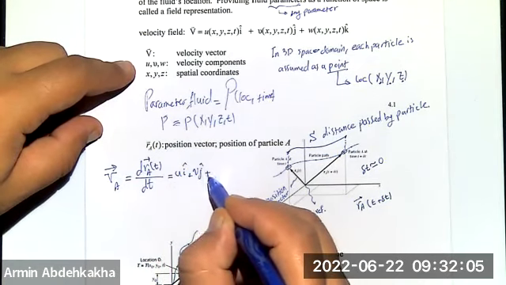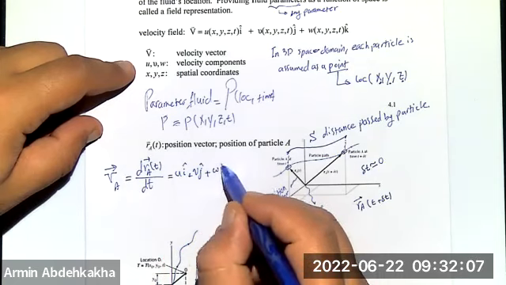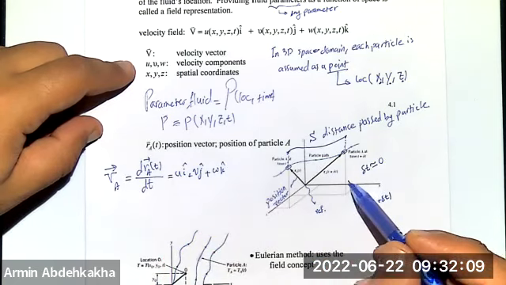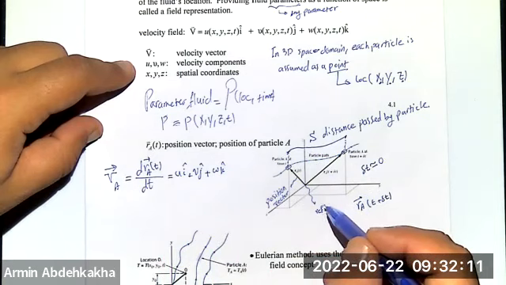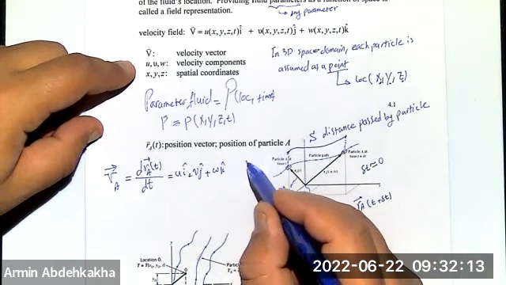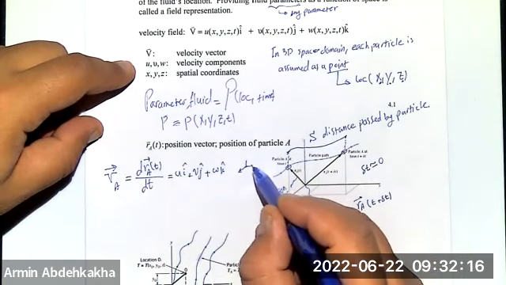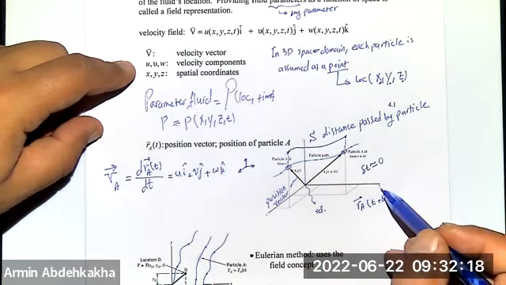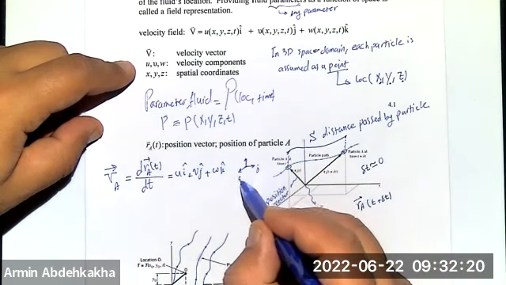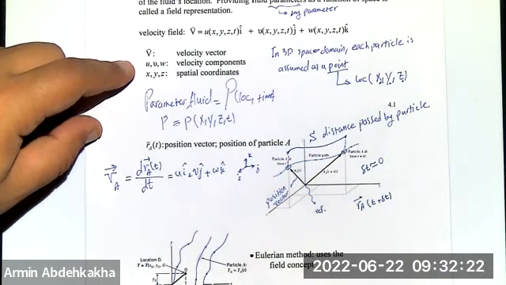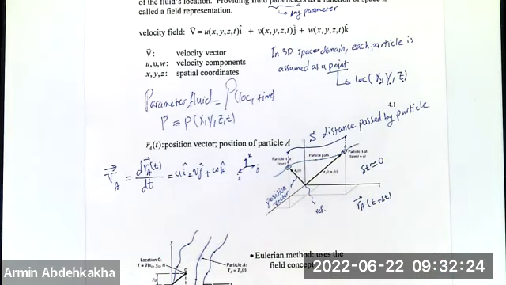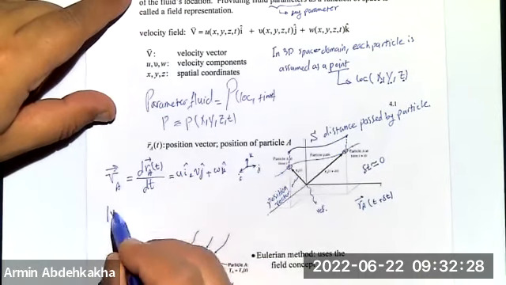These are the components of velocity. So in x, y, and z, you have i, j, and k, right? That's why this is j, this is i, and that's your k. Okay? It's easy.